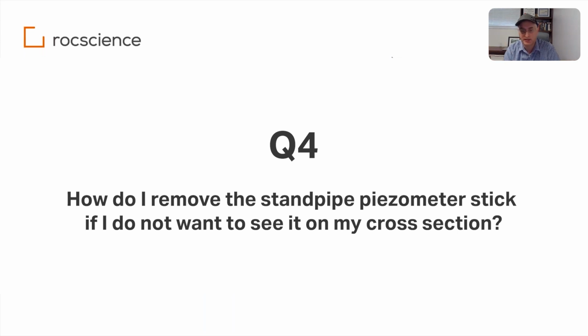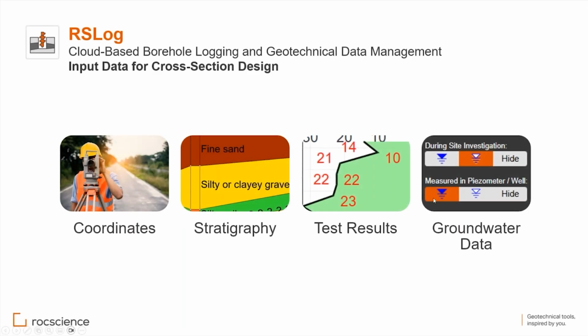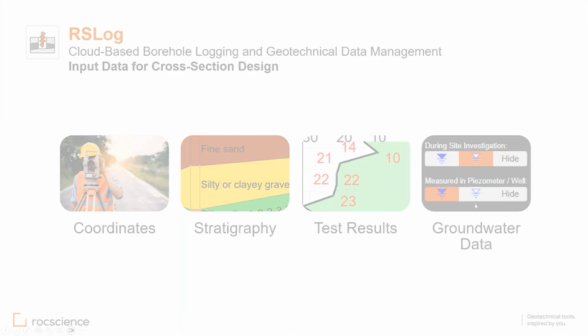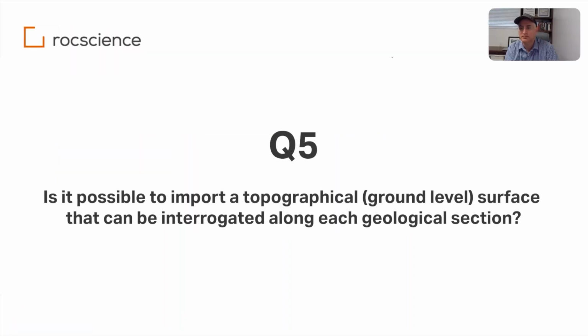So that's a relatively easy thing to do. You see it here. If you want to hide the piezometers, you just click on groundwater options and click on hide, and it's going to hide your piezometers.